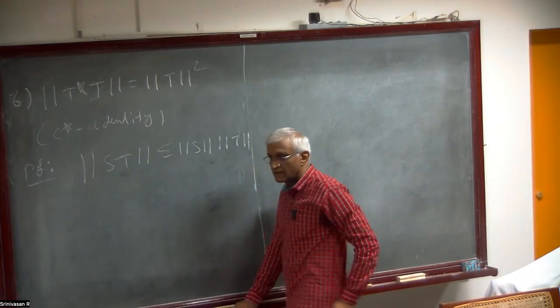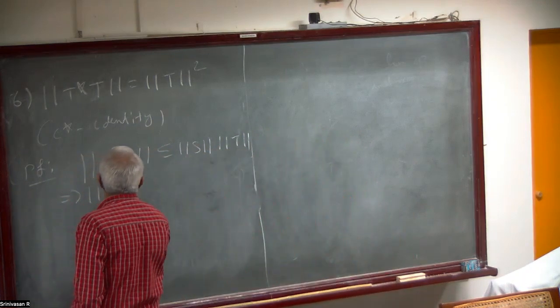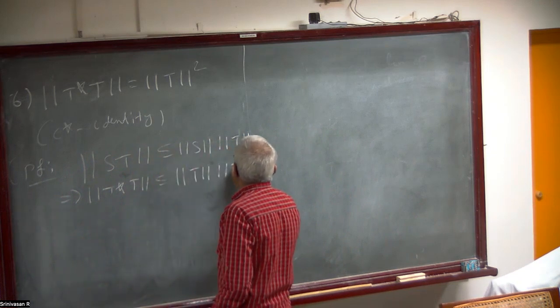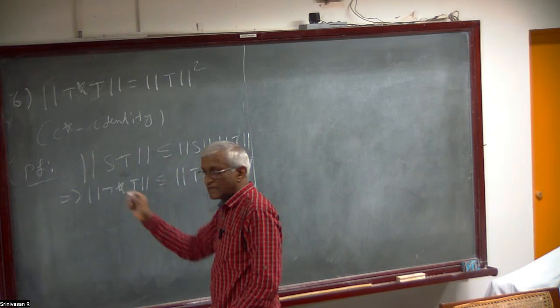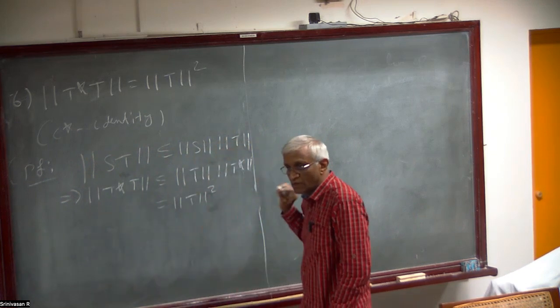So this is true. This implies the norm of T star T is less than or equal to norm T times norm T star, and the norm of T is the same as the norm of T star. So this is equal to one. You have to prove the other way.